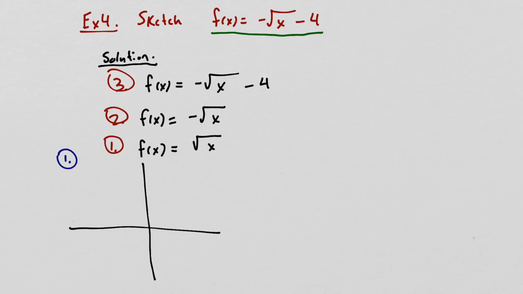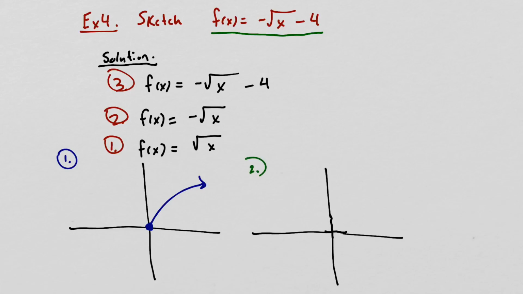In this first graph, we're just going to be graphing the square root of x. This is given by a function that looks something like this. Then in number 2, we're going to reflect this graph over the x-axis. I'll draw this in green.